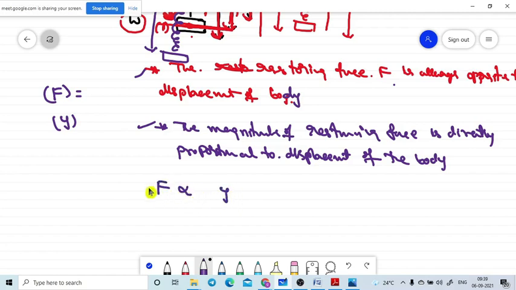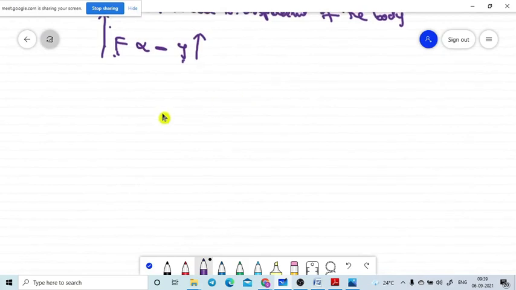If Y increases, F also increases. But one more condition: the restoring force is always in the opposite direction to the displacement of the body. That means they are in opposite directions, so we need to put a negative sign here. The magnitude of F is directly proportional to Y, but the direction of F and Y is always opposite. This is the mathematical expression for the force acting in the spring-loaded system.